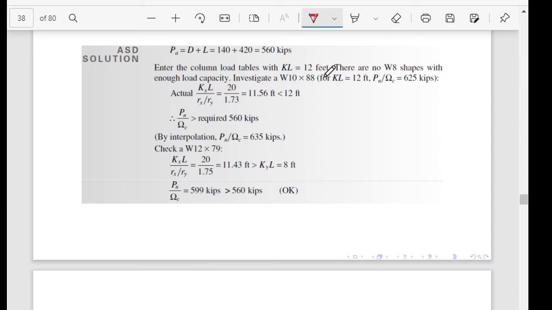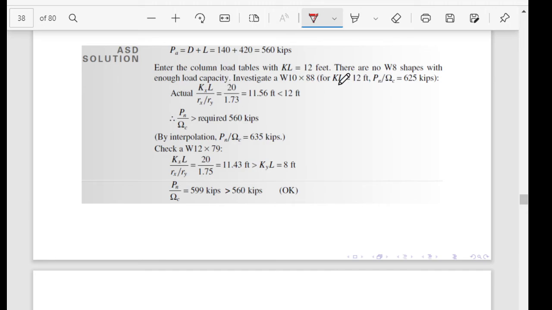Then looking at the table, there are no W14 shapes with enough load capacity. Then we proceed to W10. With KL equal to 12 feet, the value for ASD is 685 kilopounds. So it is the same as in our example earlier.